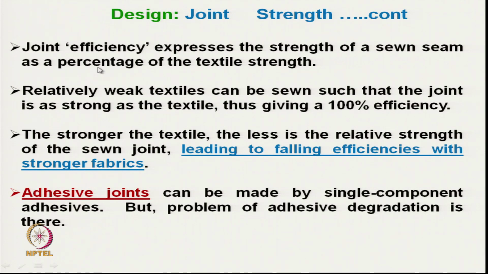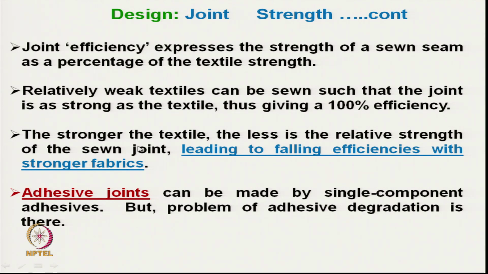The joint efficiency is expressed as the strength of the stitched portion relative to the total strength, in terms of percentage. So, a relatively weaker textile can be stitched such that the joint efficiency is 100%.